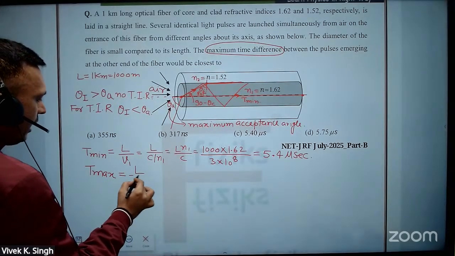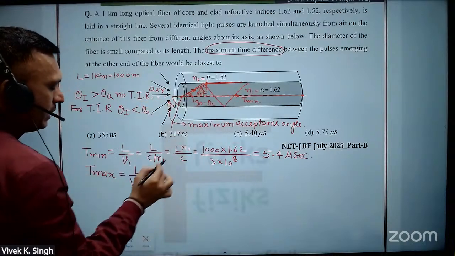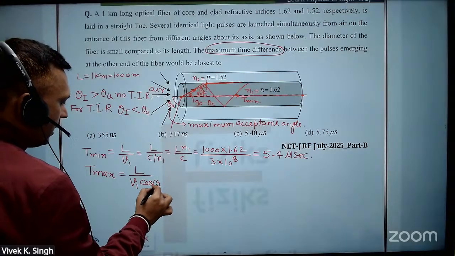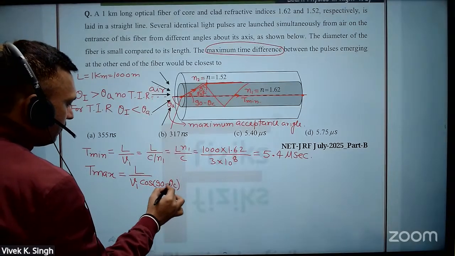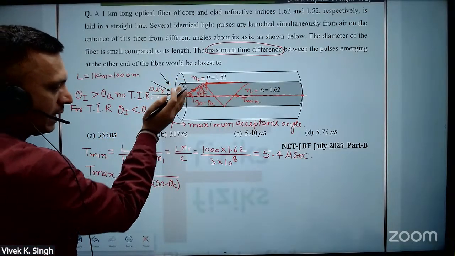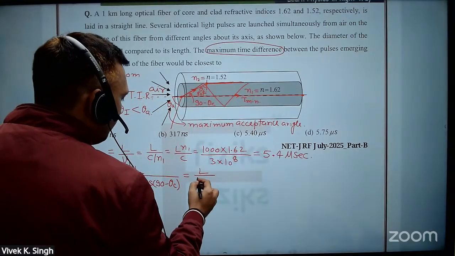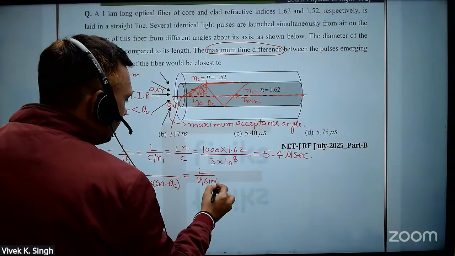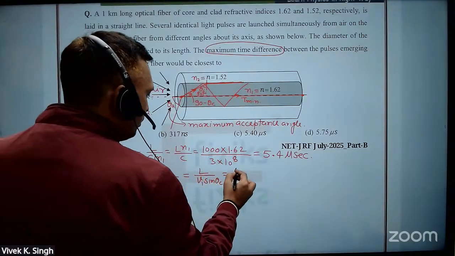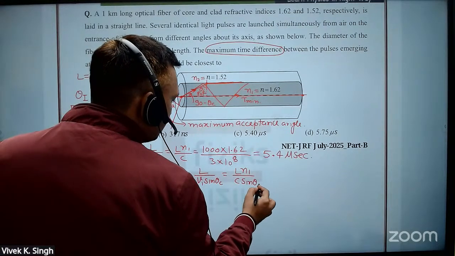That is given by L by V1. Now you have to see the component that is propagating in this direction. So the velocity component will be cos(90 minus theta C), because they are propagating at an angle. So that will give you L by V1 sine theta C. And V1 is C by N1. So you will get L N1 by C sine theta C.